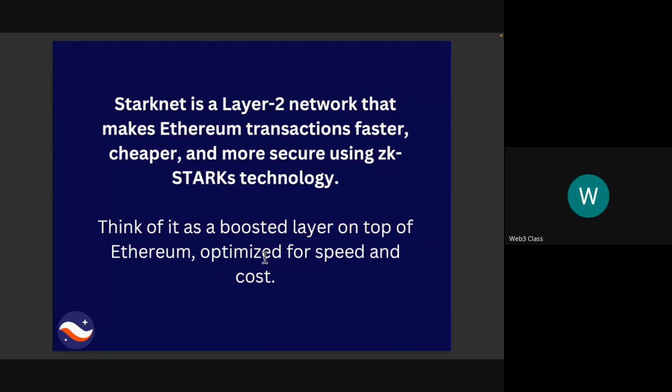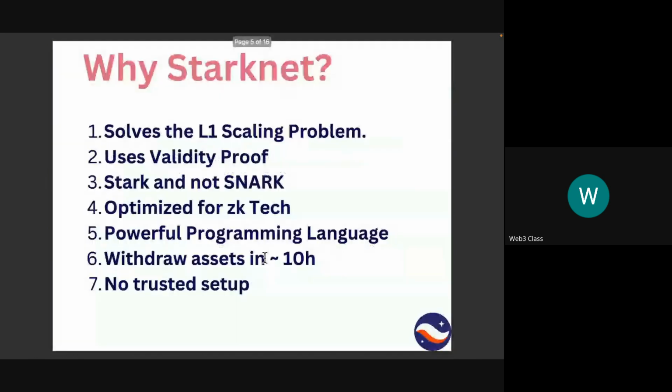It makes the execution time for the transactions faster and cheaper. So think of it as a boosted layer on top of Ethereum, optimized for speed and cost, because of the ZK Stack technology it uses.